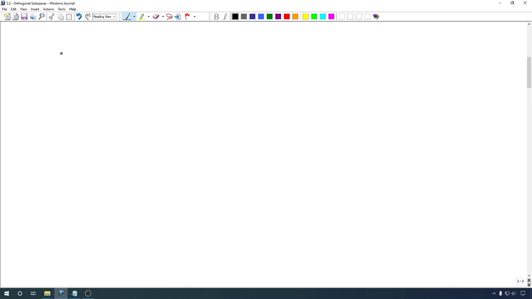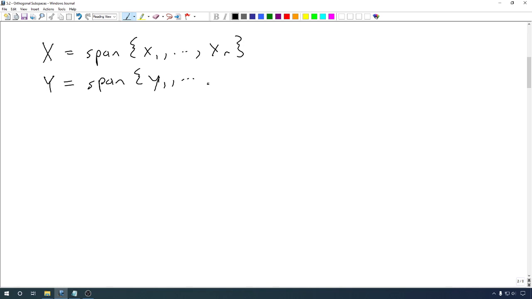Another useful thing to note about orthogonal subspaces is that if we want to test if two subspaces are orthogonal, we do not have to check every single pair of vectors. Let's say that we have a subspace X, which is the span of vectors x1 through xr, and a subspace Y that is a span of vectors y1 through ys.